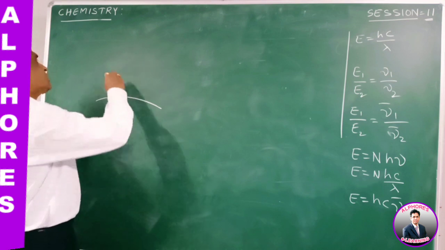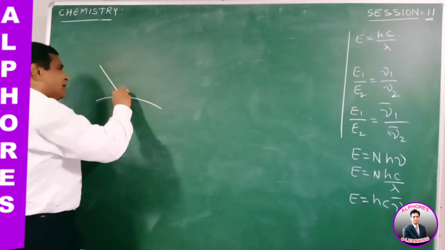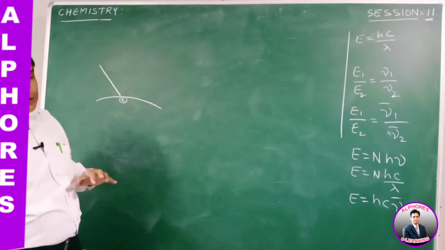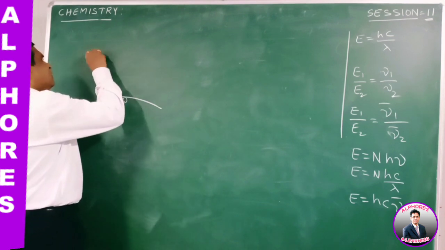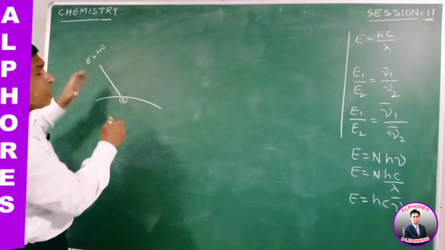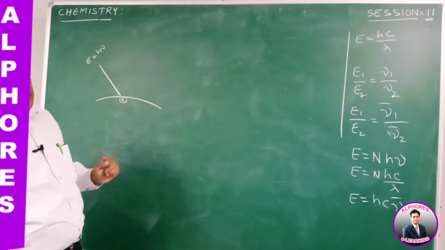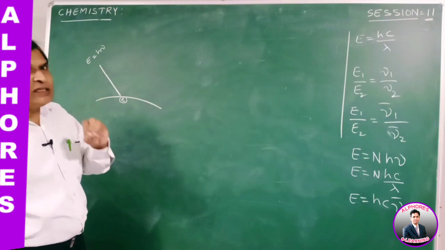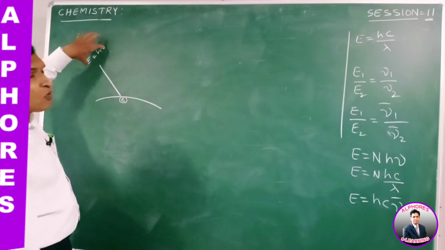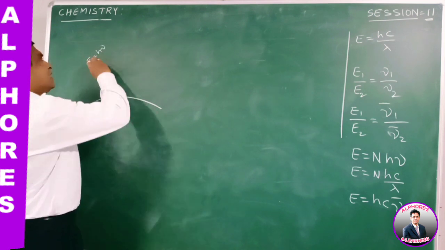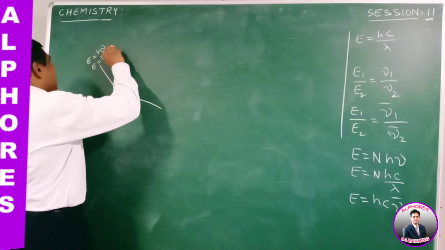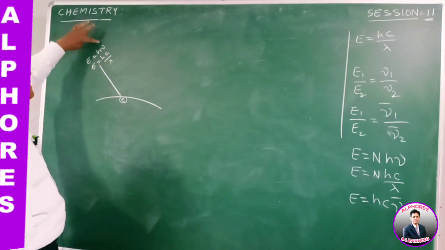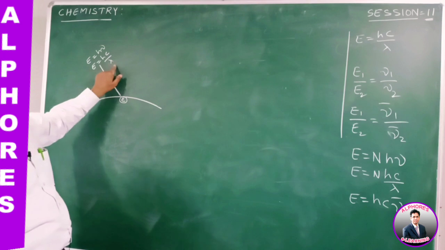Now certain photon light is falling on the metal surface, which means it has its own energy. E is equal to h nu, or E is equal to hc by lambda, where nu is the frequency and lambda the wavelength of the incident light.